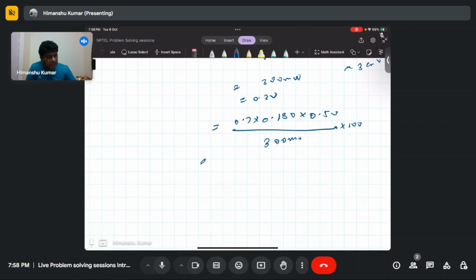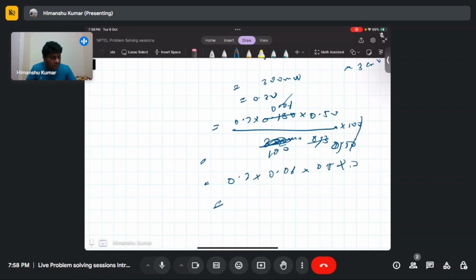If you put in the numbers, you can calculate this and cancel some of the terms.